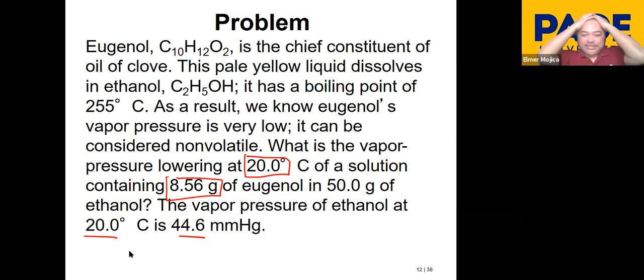So let's try to look at the problem that we have here. You're asked, what will be the vapor pressure lowering at 20 degrees Celsius if you add 8.56 grams of eugenol in 50 grams of ethanol? So the question is, what is being asked? Is it the delta P or the P?